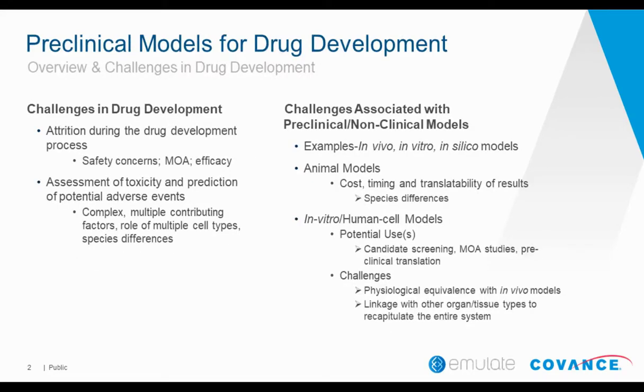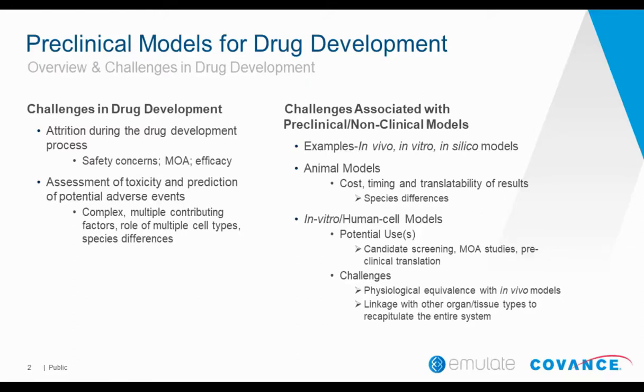So preclinical models, which are essential in the drug development process, provide a variety of challenges. One of the challenges is the predictability of those models and the lack of predictability, which leads to a significant attrition during the drug development process. Those models have gaps in the ability to address safety concerns of new molecules, as well as mechanism of action and potential efficacy.